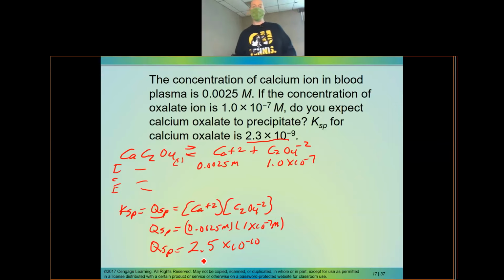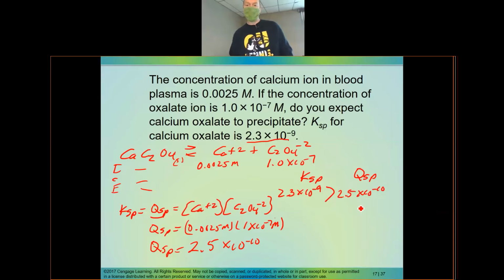And so we see that our Q is too small. Our numbers are too small. Our numbers have to get bigger. So the reaction would go to the right in order to make those numbers equal 2.3 times 10 to the minus 9, the KSP. So again, you're going to put your KSP and then your QSP and you're going to compare it. So you got 2.3 times 10 to the minus 9 and that is greater than 2.5 times 10 to the minus 10.